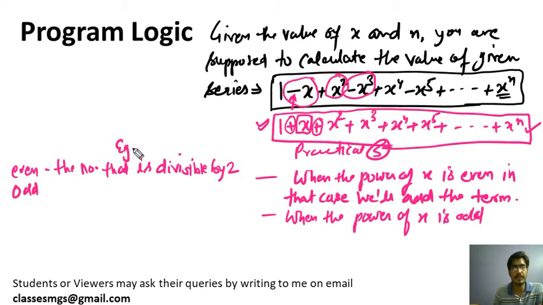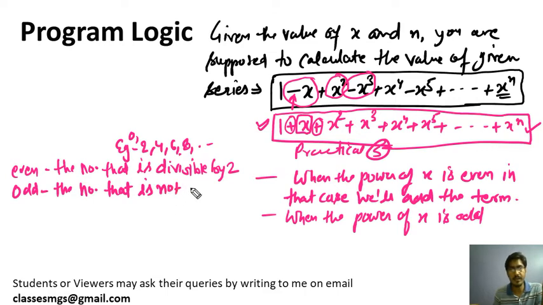For example, what is even? 2, 4, 6, 8 are even numbers. 0 is also an even number. What is odd? The number that is not divisible by 2 is known as an odd number. Like for example, 1, 3, 5, 7, 9 and so on, like this.